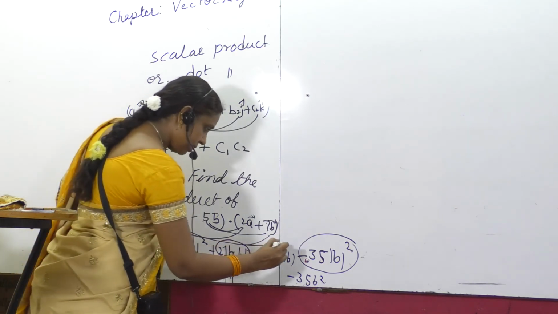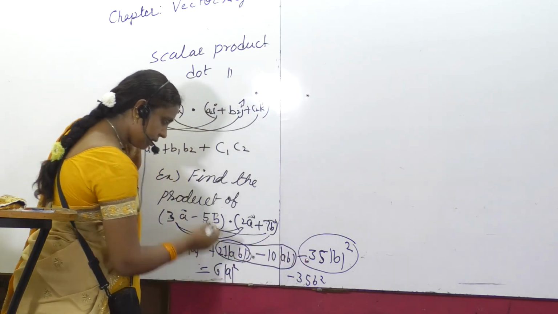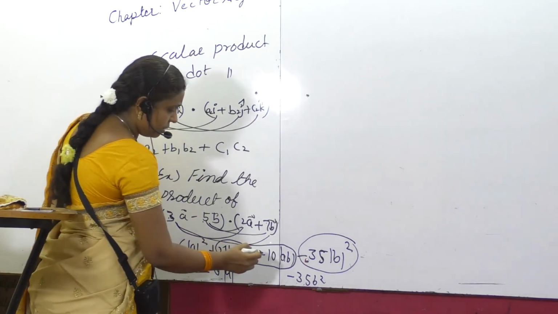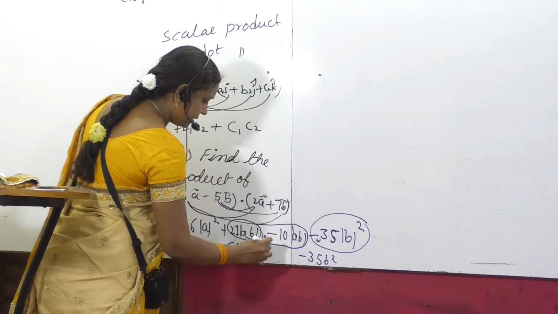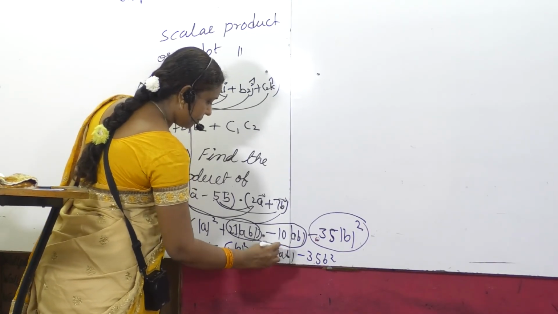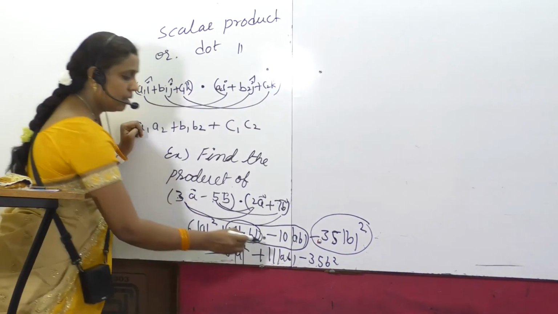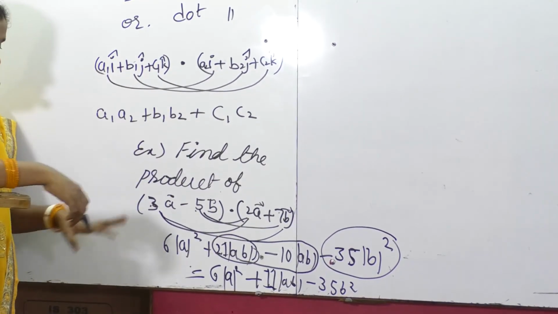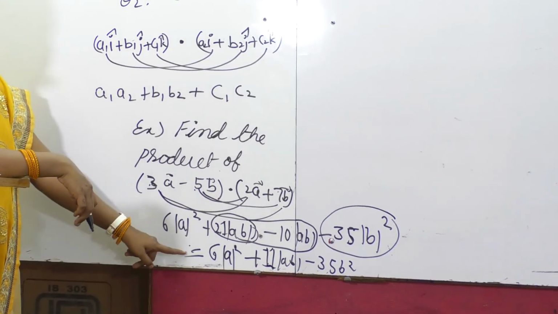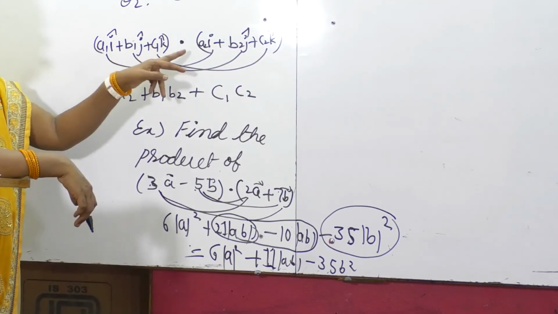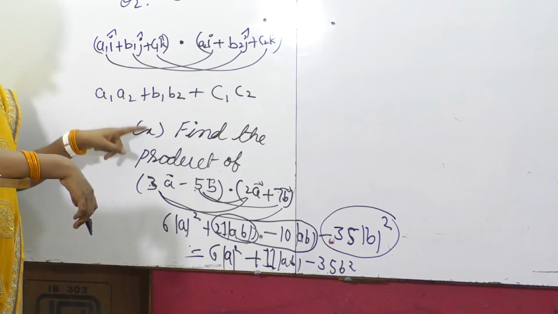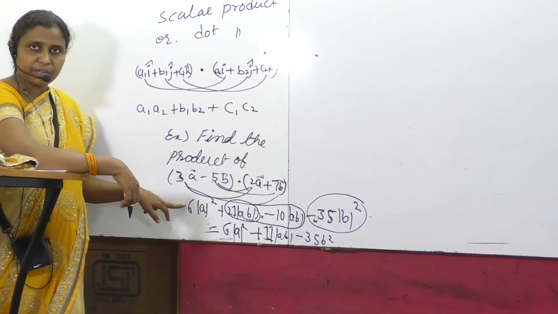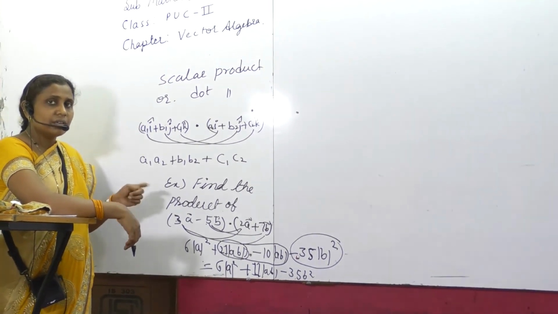I will be grouping these two like terms. 21 minus 10, this is plus 11ab. 11, that magnitude looks the same, 11ab. This is how we find the product with the vectors. If vectors a, b are given directly, in that case, this is how we are going to make the multiplication. Got it?